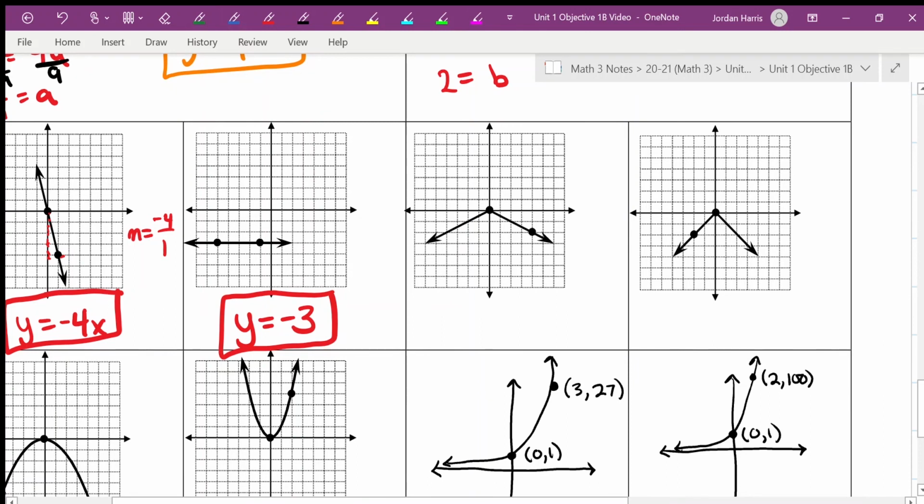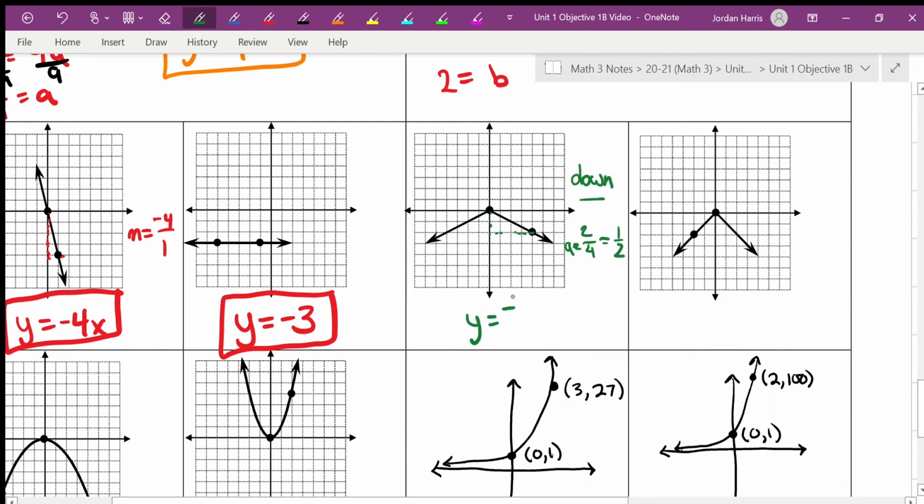Okay, these guys are linear again, so I can count. But we got to pay attention, up versus down. So this is down. So that means it's going to be negative. 1, 2, 1, 2, 3, 4. So a equals 2/4, which simplifies to 1/2.